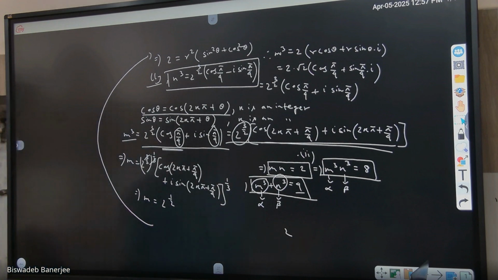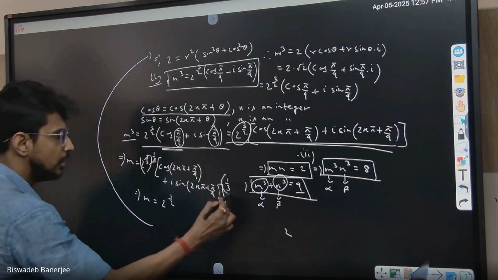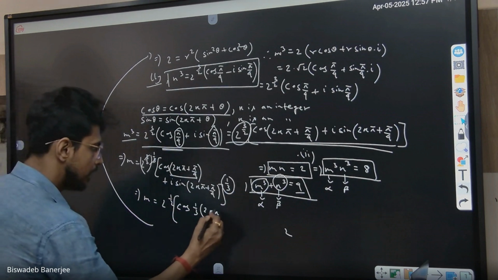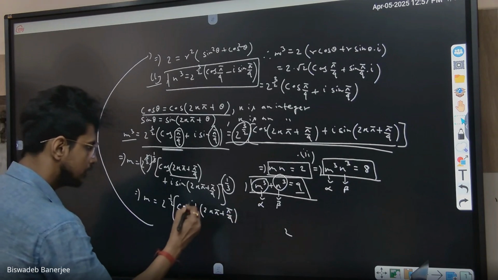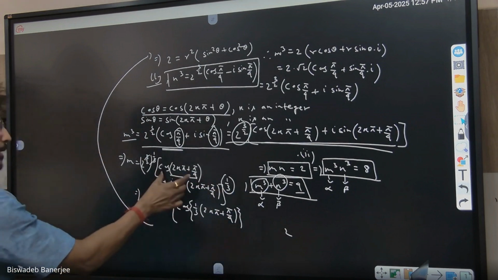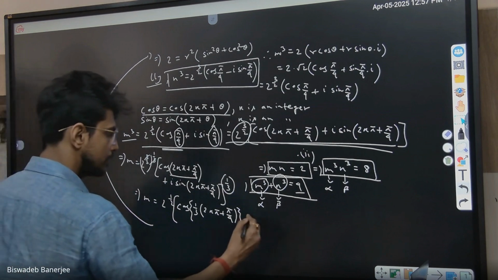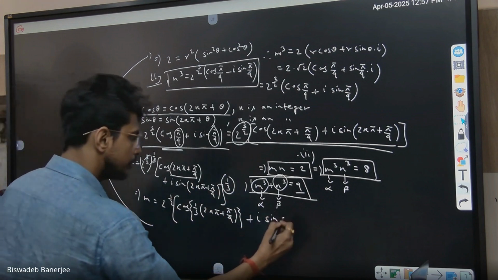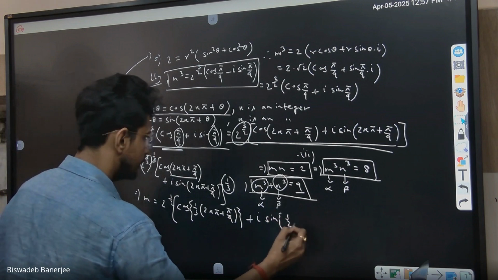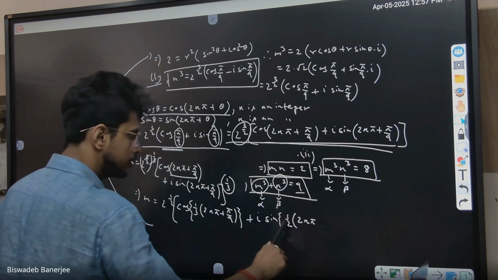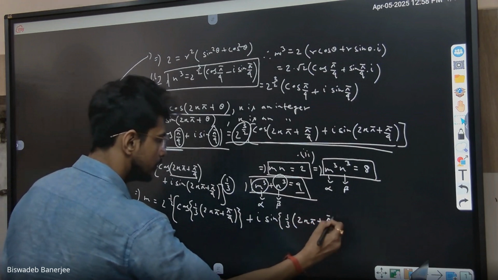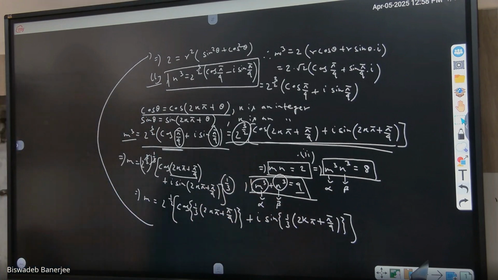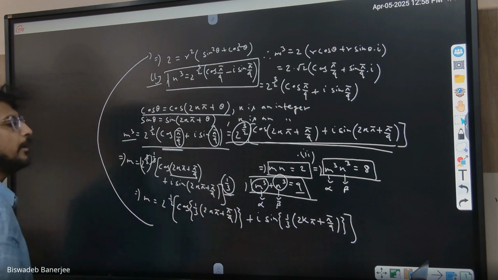And by de Moivre theorem, recall what de Moivre theorem says: the power 1/3 can be multiplied with the angle. Similarly, here also, with i into sine, the 1/3 can be multiplied with the angle.